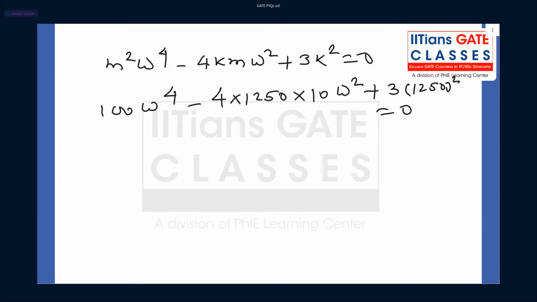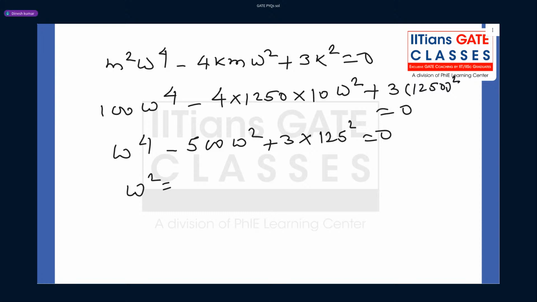Okay. Now guys, further what we see? We will find omega power 4 minus 500 omega square plus 3 into 125 square is equal to 0. Now guys, what will be omega square?